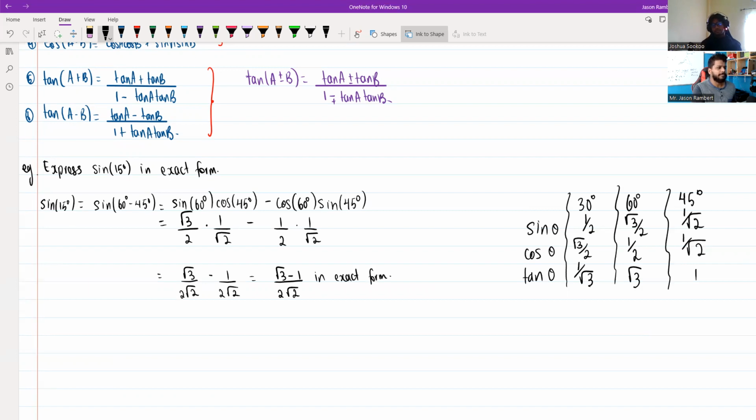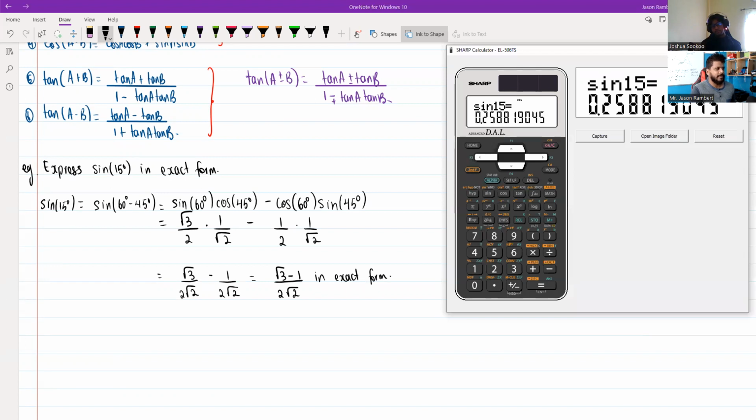Now I wonder, is this the same thing as sine of 15 degrees? Let's check and see. Again, sine 15 is that. I'll use the storage function in my calculator and I'll store it in A. Now remember, A will store the whole number to infinity and beyond. Root 3 take away 1 divided by 2 root 2.